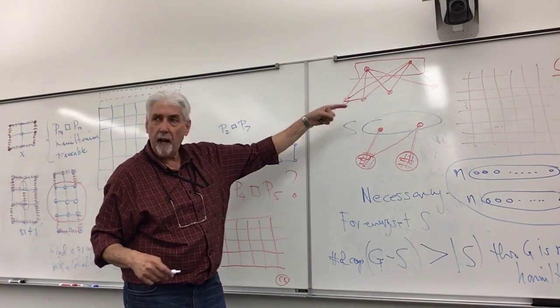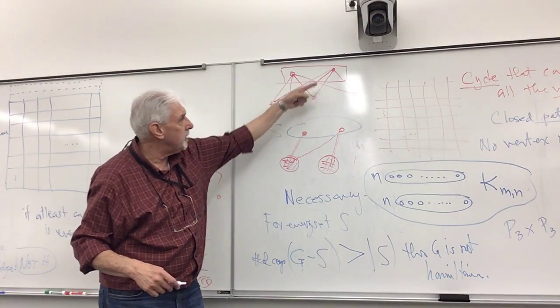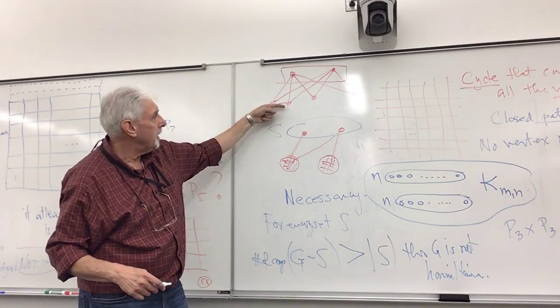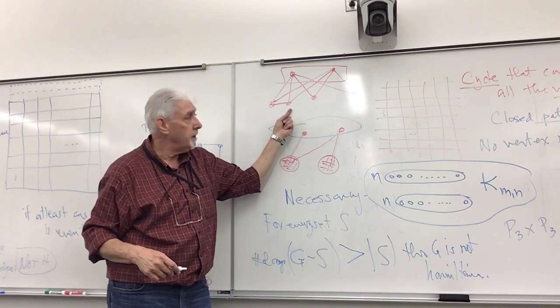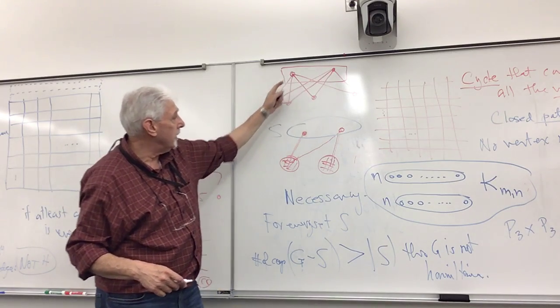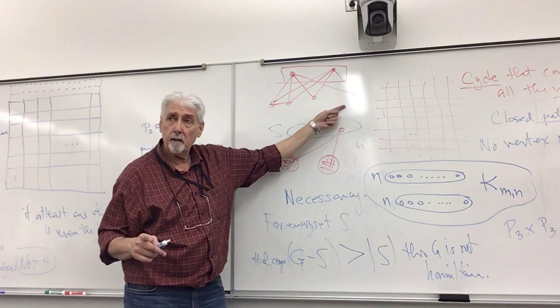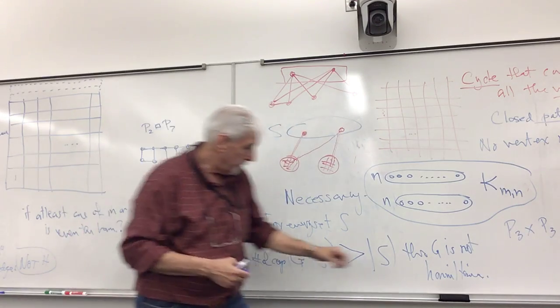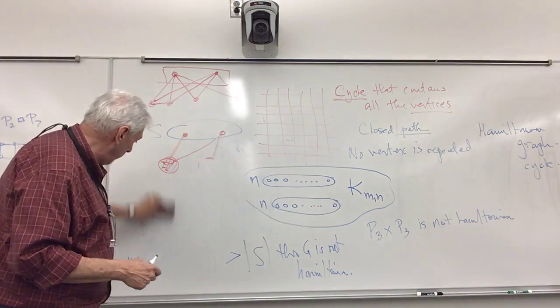So there's no way that I can start here, come down to one of these pieces, go up there, come down to another piece, and pick up this set of points. So if I remove two vertices, in a Hamiltonian graph I can't have three pieces. So now I'm ready for K_{m,n}.